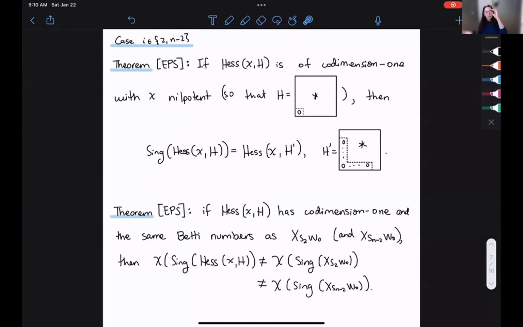His were for Schubert varieties, but one can describe the definition for subvarieties of the flag variety. This is by work of Insko and Young, or, well, it appears in a paper by Insko and Young. And using those patch ideals, you can study the singular locus of Hessenberg varieties. This has been done by numerous people, and in particular, it's what allowed us to come up with this equation.